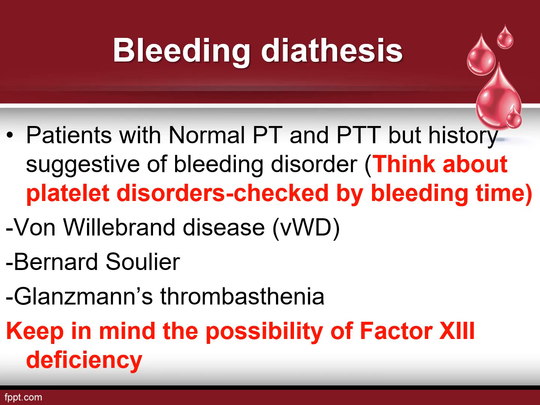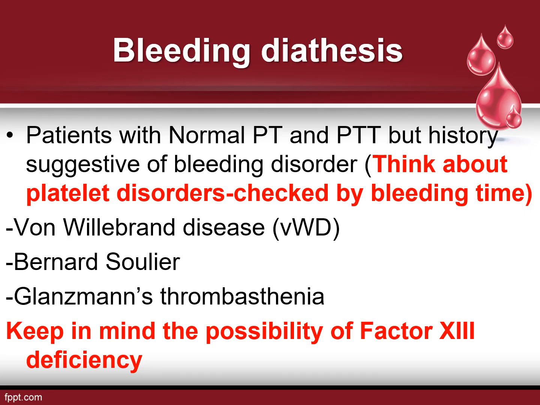Also, it's very important to know Bernard-Soulier syndrome is a rare inherited blood clotting disorder characterized by unusually giant platelet cells, thrombocytopenia, and prolonged bleeding time. Usually affected individuals tend to bleed excessively and incur spontaneous ecchymosis.